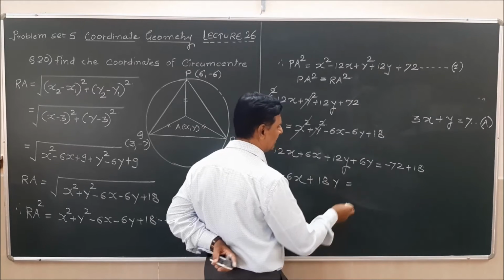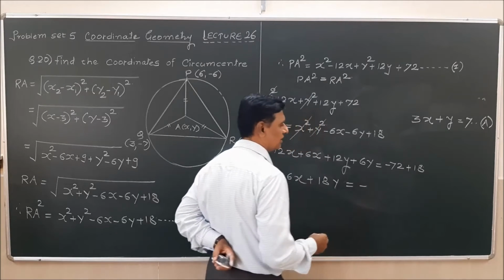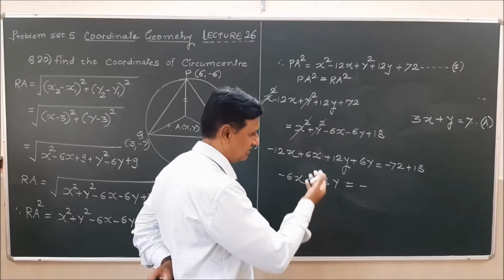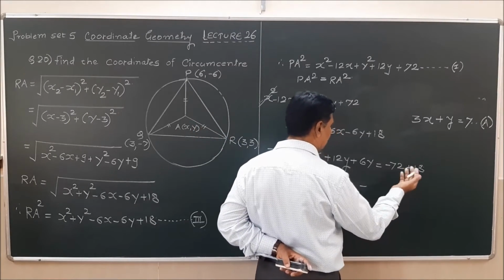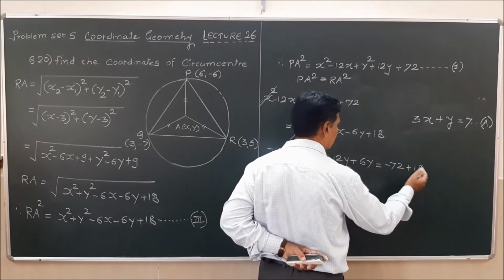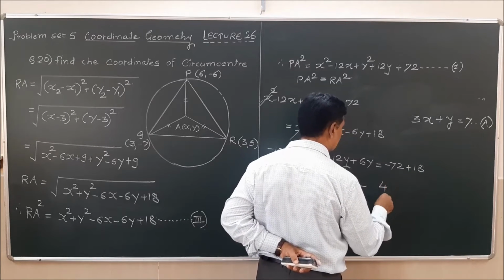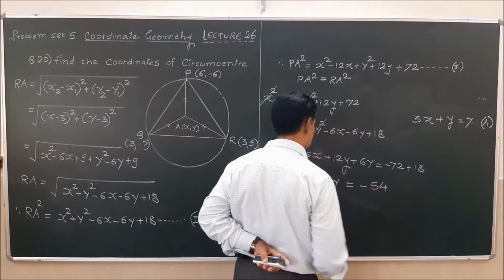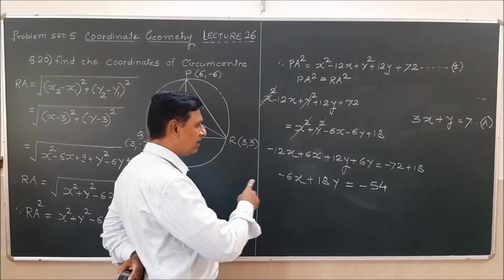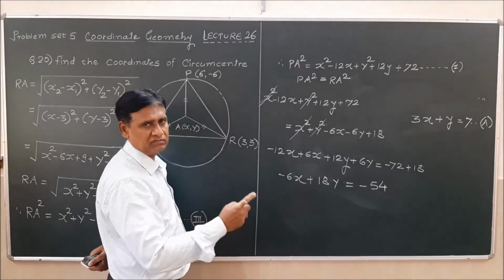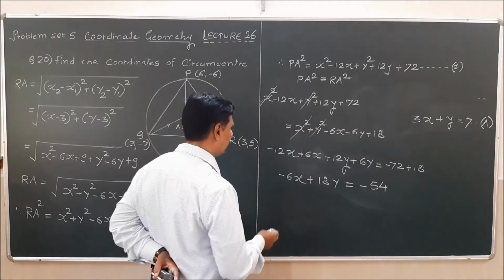That is equal to minus, of course, 72 is a larger number value-wise, with sign it is smaller. Now I subtract this 18 from there, so minus 54. Dividing now this whole equation by minus 6.